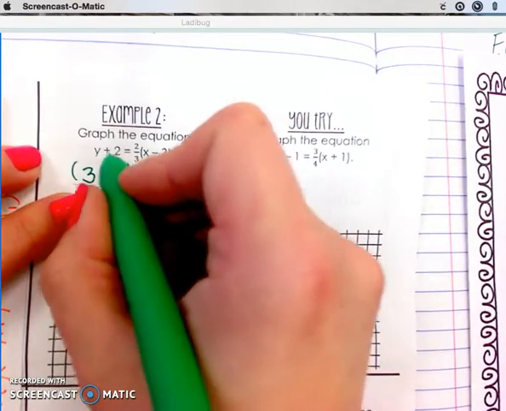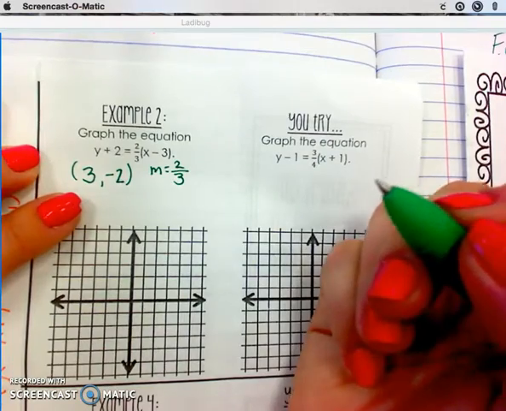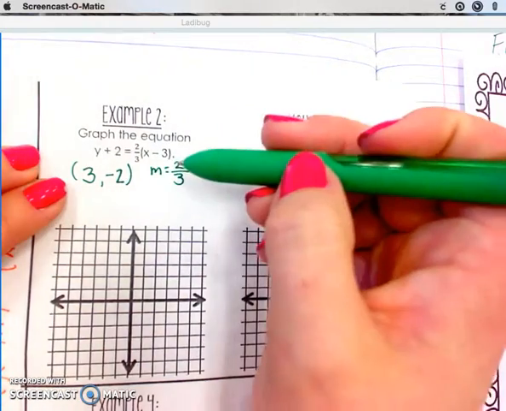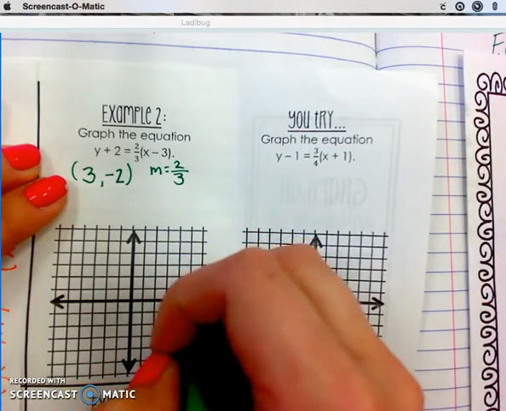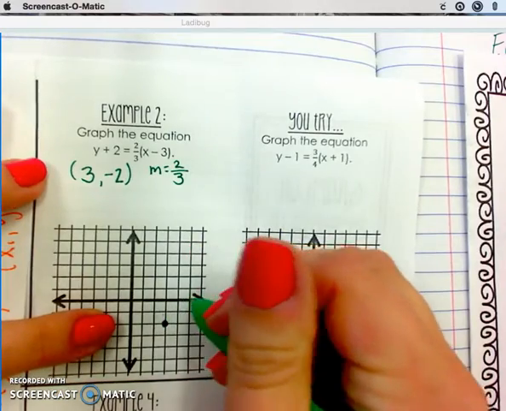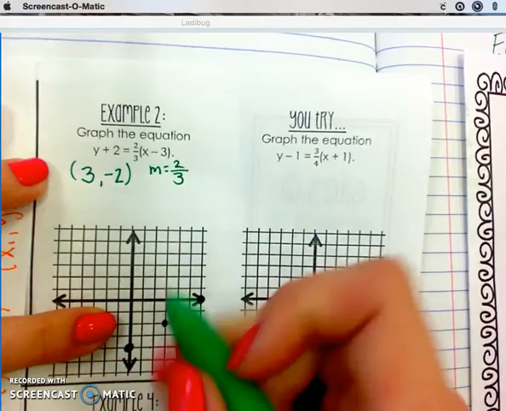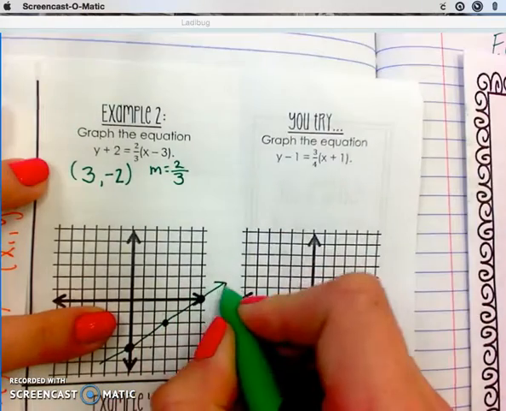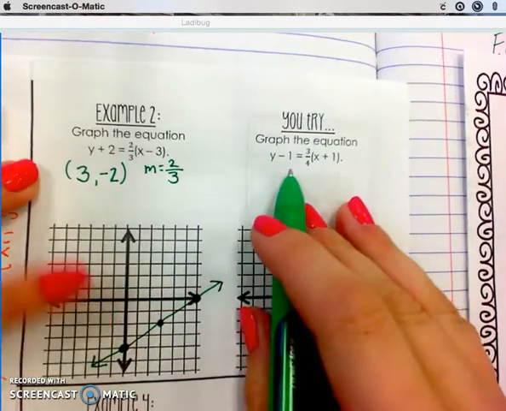And the y, it says +2, so we knew that would have been a -2. Now to graph the point-slope form, you start at the point, and then you follow the slope. Up 2, right 3, or down 2, left 3. And then you can pause the video and try it.